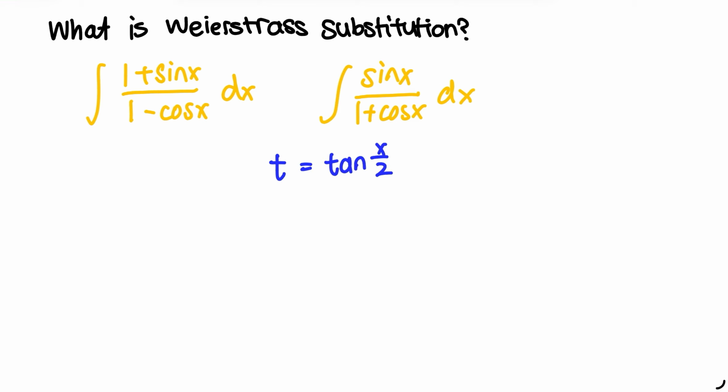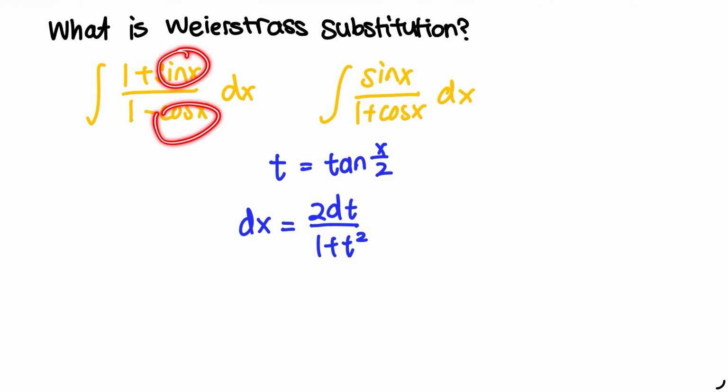So obviously, whenever we use a substitution, we have to find what dx is. In this case, it would be 2 dt over 1 plus t squared. So how are we going to substitute sine x or cosine x? There are formulas for that, which you can easily derive.